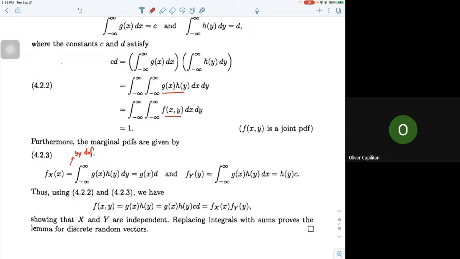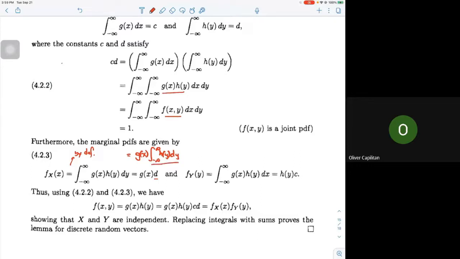Then this is actually equal to, we can write the factor that does not depend on y before the integral sign. So we have here h of y dy, and that is equal to d. So we have g of x times d.